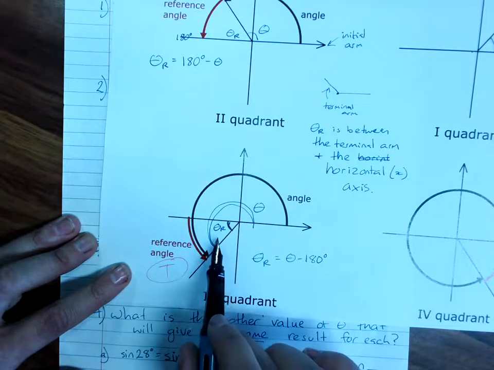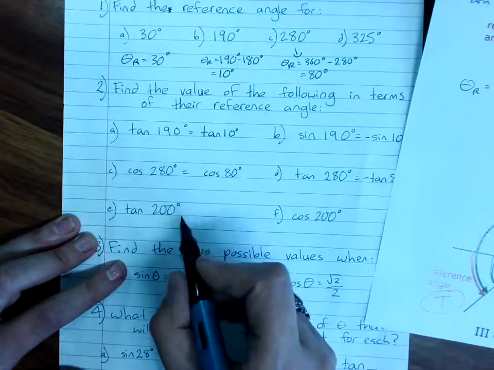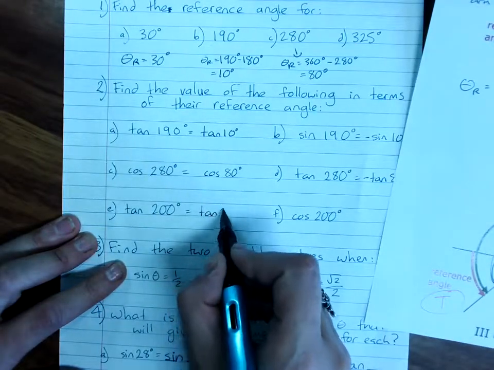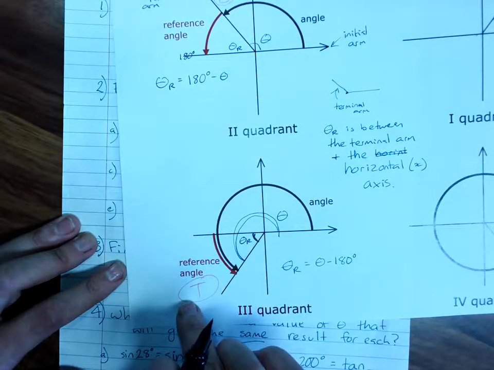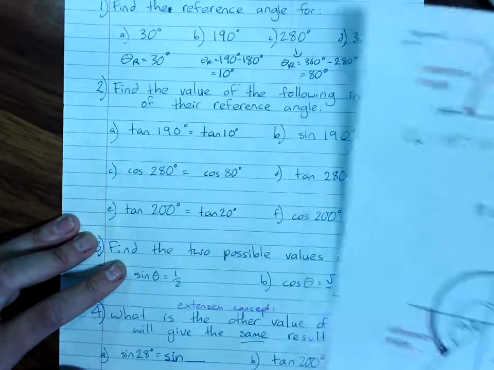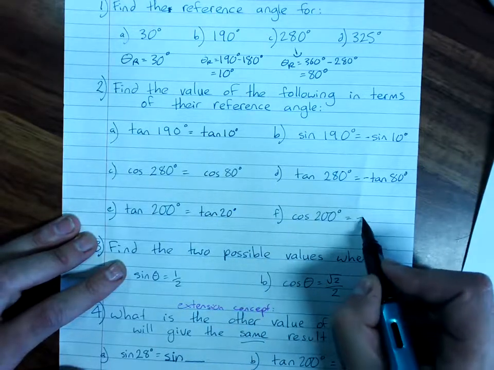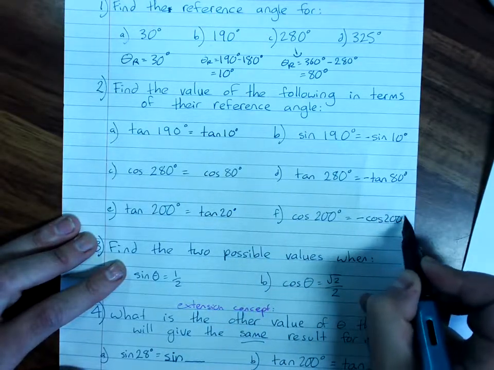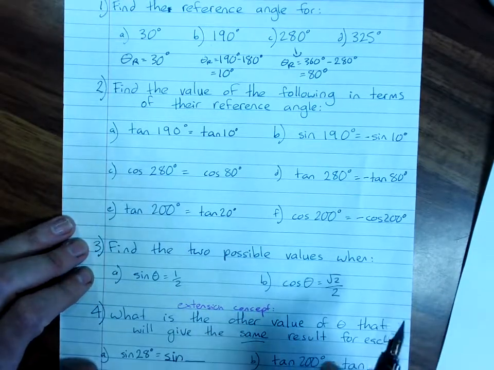So this will be our reference angle is 200 minus 180. Tan of 20 degrees. In this quadrant, tan is positive, so we're okay to leave them exactly the same. But cos of 200 would be negative cos 200 degrees because cos is negative in that quadrant.